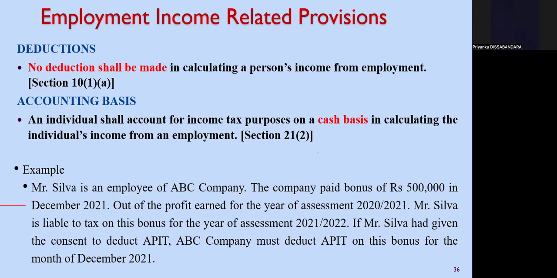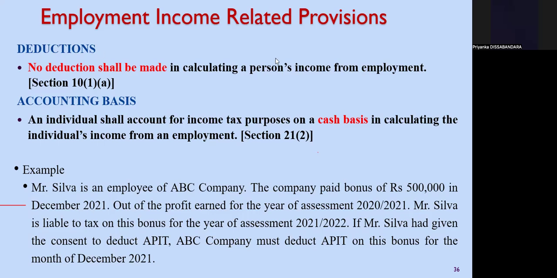If we receive a bonus in respect of the previous year during this year of assessment, even though that bonus is entitled for the previous period, we consider it for the period we received that bonus for taxation purposes.